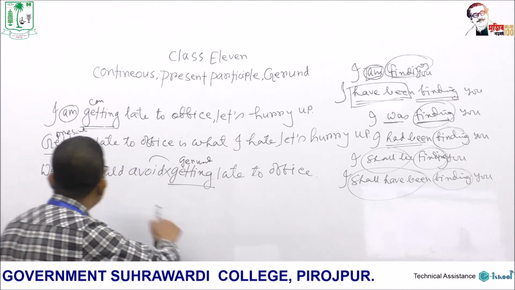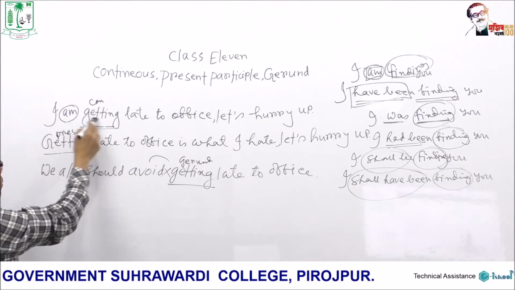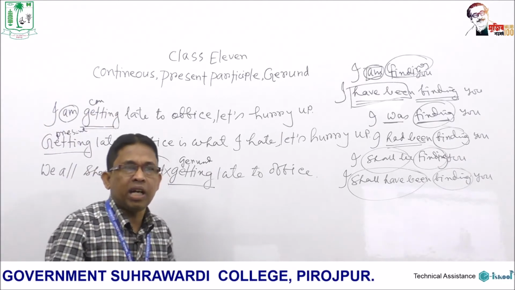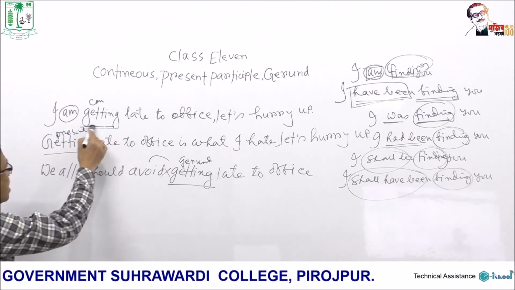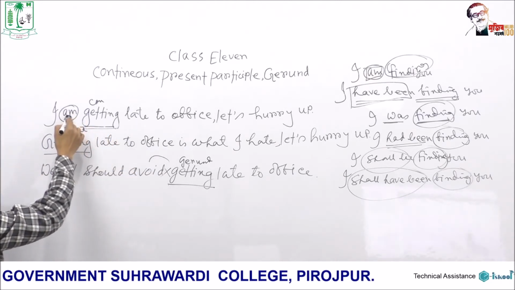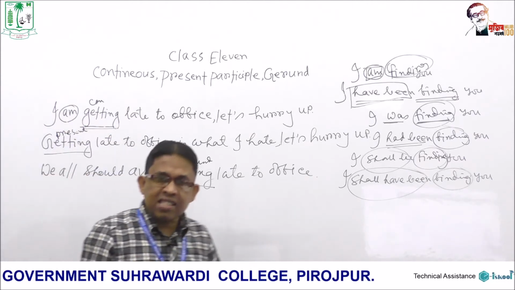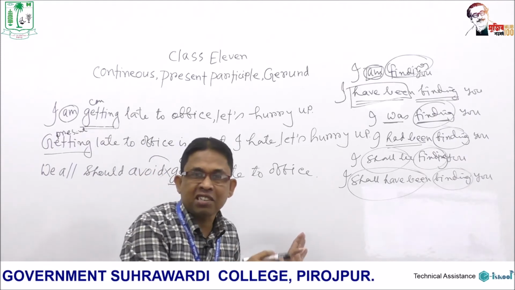In this way, you can identify. So, I am getting, as here is the auxiliary verb am, so this is continuous. Very easily you can identify a continuous form of verb. That is, you should notice whether there is any auxiliary verb before the ing form. If yes, then it is continuous form of main verbs. And what is the function?